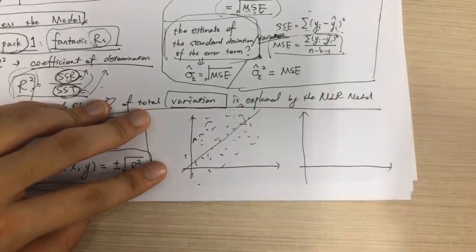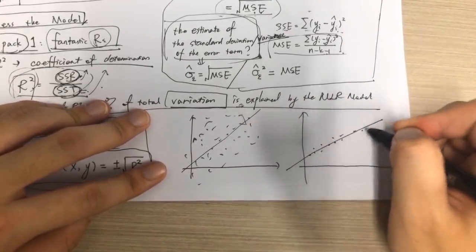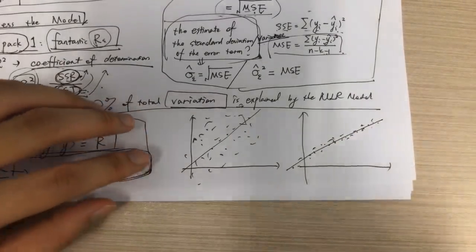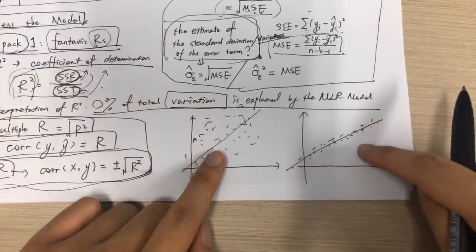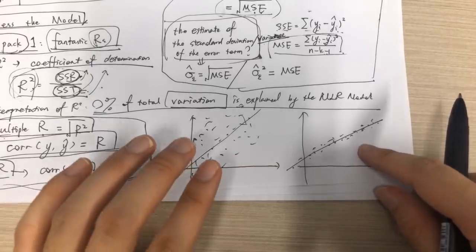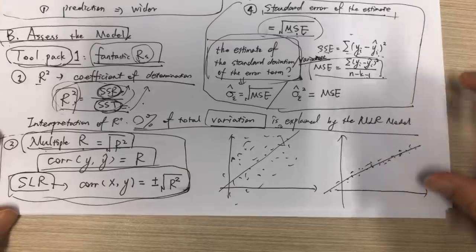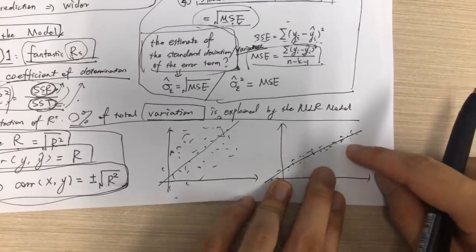So one group of data is like this, but in the other group of data, or in another model, we can have the observations like this. So which one do you think is better in terms of the prediction precision? Definitely the second one is better, right?